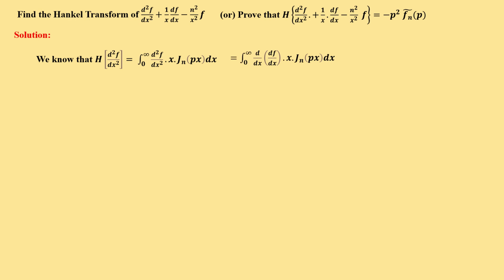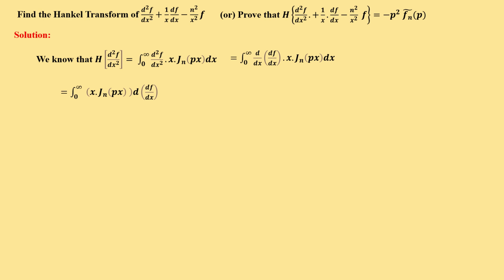I am splitting d²f/dx² into d/dx of df/dx, so it is the integral from 0 to infinity of x Jₙ(px) times the derivative of df/dx, right? Both are the same, d/dx of df/dx times dx.